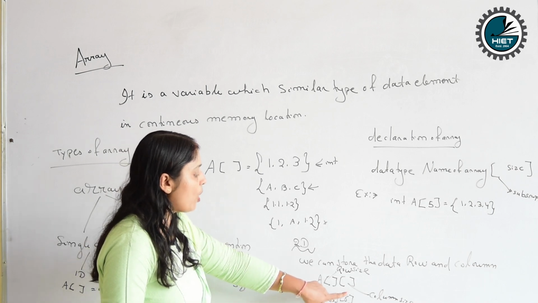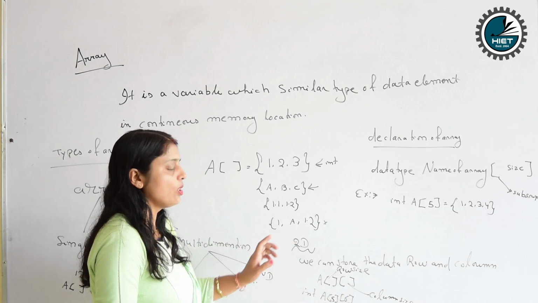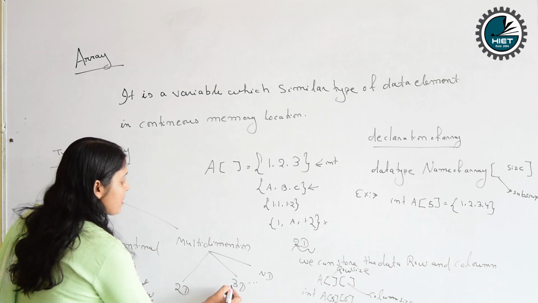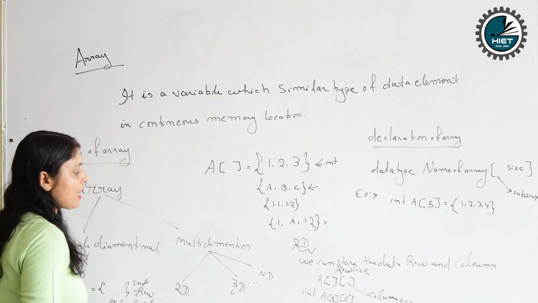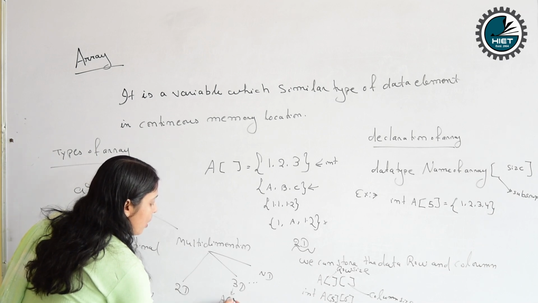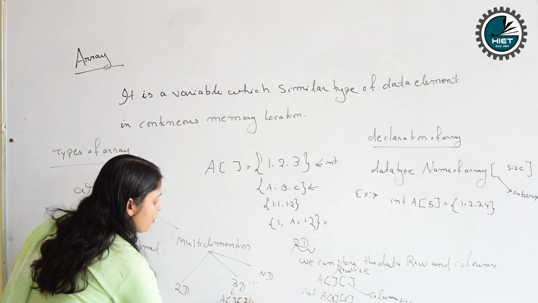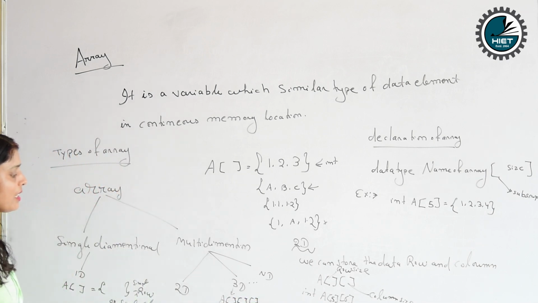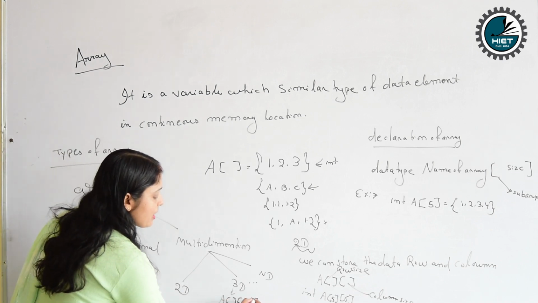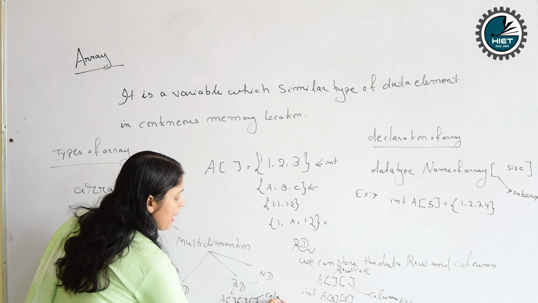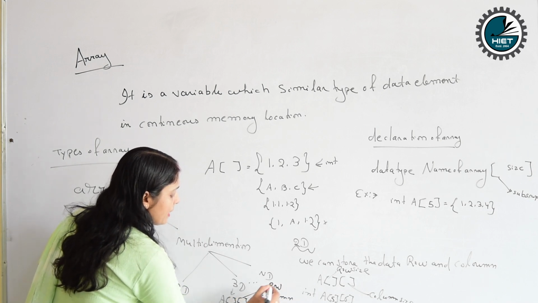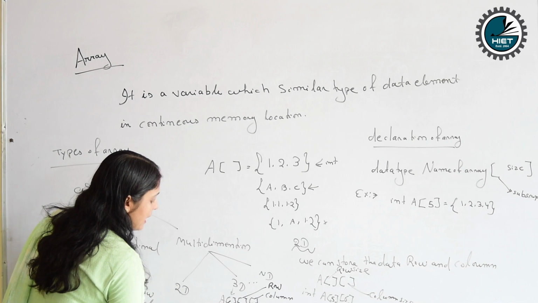That means array of the array. That is known as your two-dimensional array. Then there will be a three-dimensional array, that is an array of array. Here this represents the column part, this the row part, and this the index.